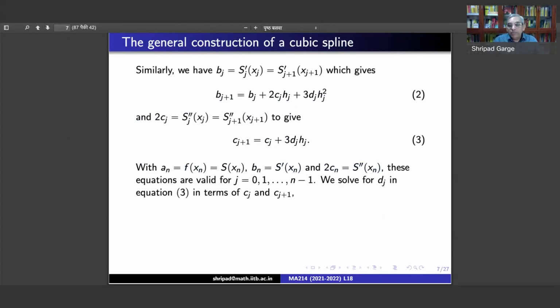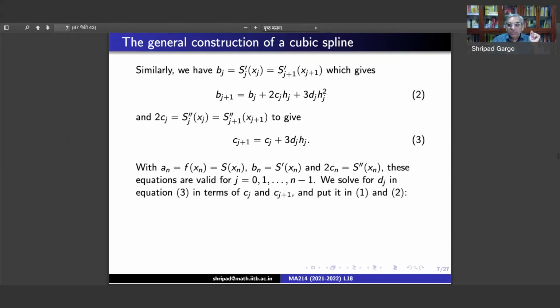So equation 3 we see here is c_{j+1}, which is c_j plus 3 d_j h_j. Okay, h_j is a non-zero quantity because all these x_i are distinct. So I can divide throughout by h_j, and then we can put c_j on the other side. So we will have that d_j can be solved in terms of c_j, c_{j+1} and h_j.